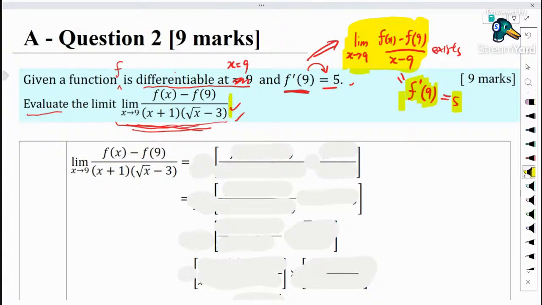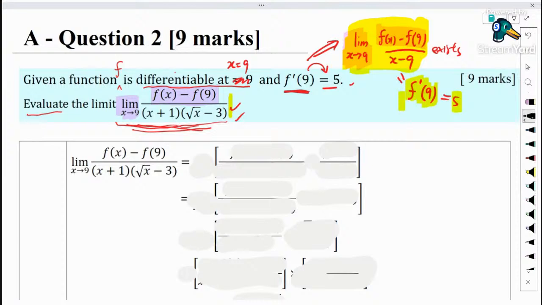Let us compare these two limits and see what the similarities and differences are. First, both of them are limit x approaches 9. In fraction form, we have f(x) minus f(9) in both, but the denominator is not the same.